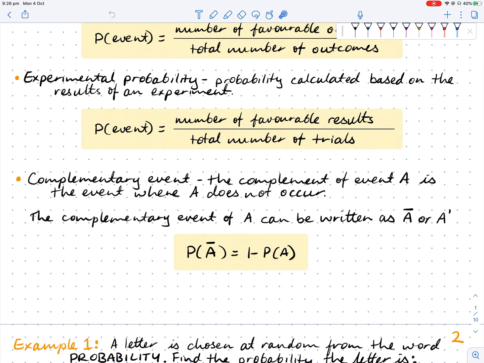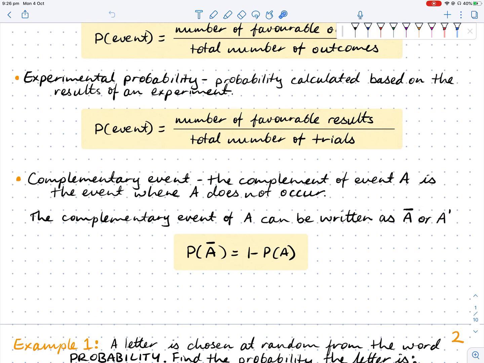One last thing, the complementary event. So if we talk about the complement, if I have a certain event A, the complement is the opposite. So the complement of event A is the event where A does not occur. So it's sort of just the complete opposite. So if I want to find the complement of tossing a head on a coin, then we're looking at not tossing the head, we're tossing a tail.